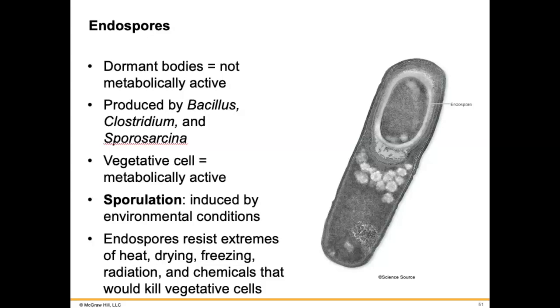Once the cell finds itself in a favorable location where it can live without having this heavy-duty body of armor on it, then sporulation will occur. So like I said, sporulation is induced by favorable environmental conditions.